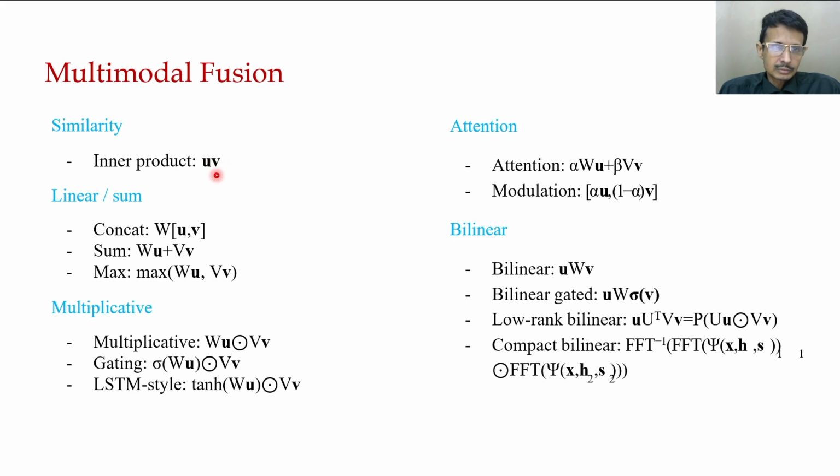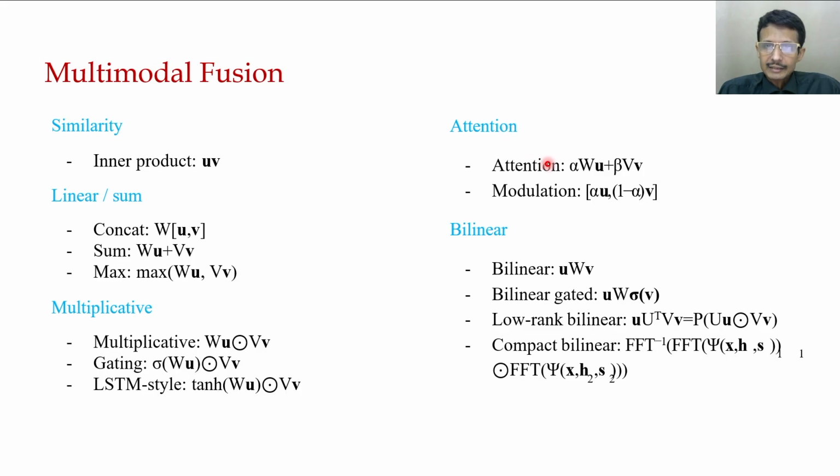So inner product; or we just concat, or add it, so it's a linear sum. It's concat, sum, max of these two, or a weighted sum. Then some multiplicative things: we can do element-wise multiplication, or use some gate over it, in LSTM style. So gating mechanisms are used for this multiplication.